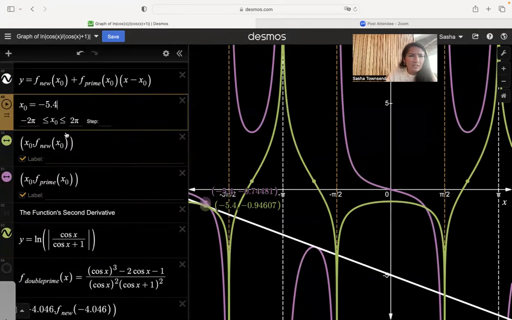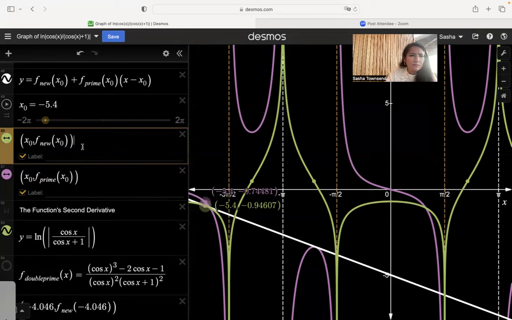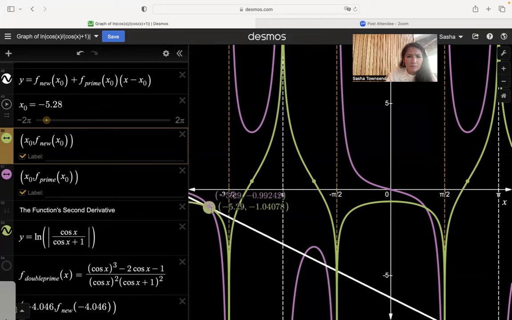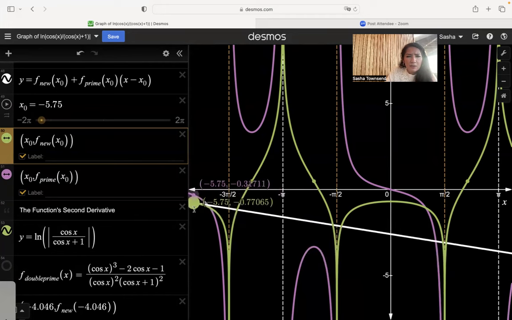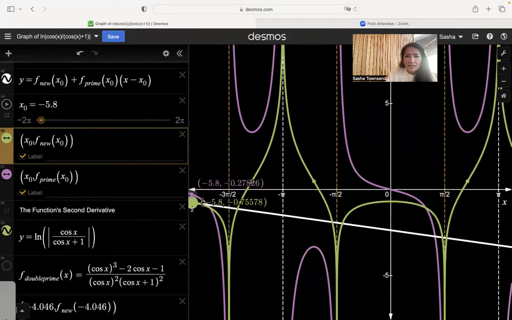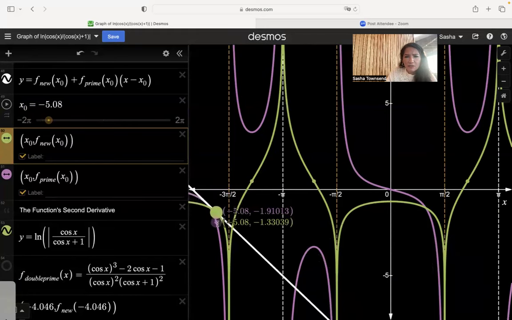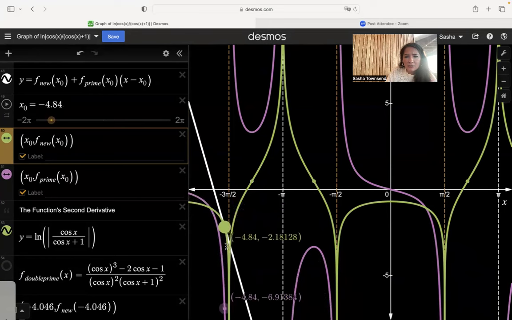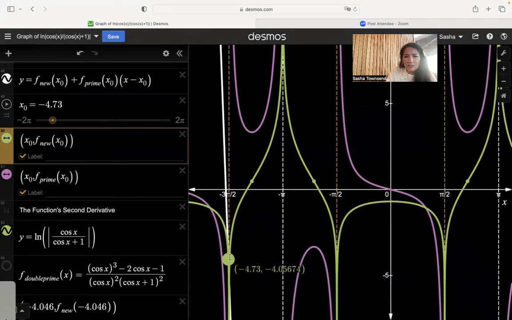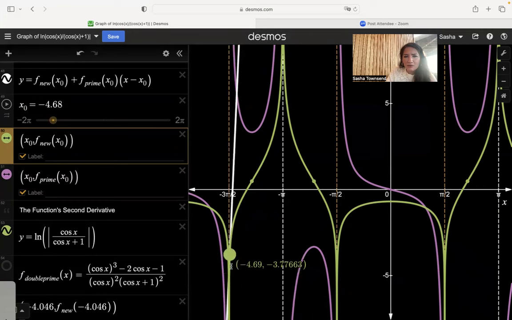Now let's look at the tangent line as we change that x naught value. So we've got a negative slope. It's tiny and negative. The value of the slope is negative 0.278. And then as x approaches negative 3 pi over 2, those slopes get larger in magnitude, but increasingly negative. So the tangent line gets steeper and steeper and steeper.